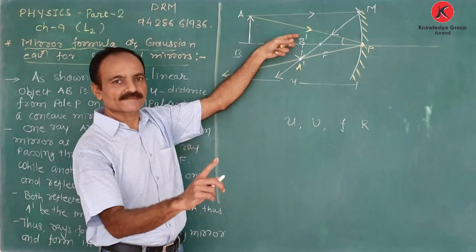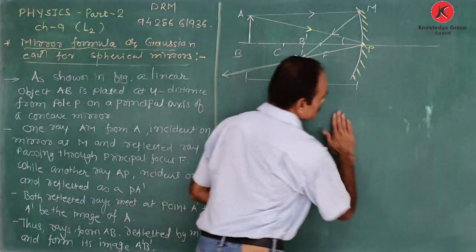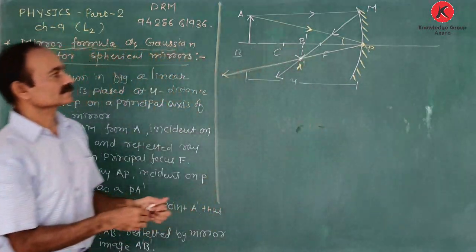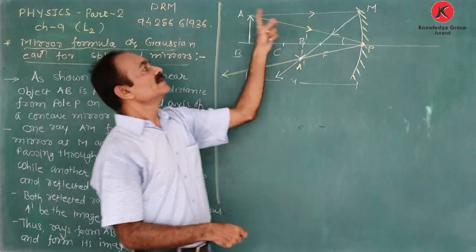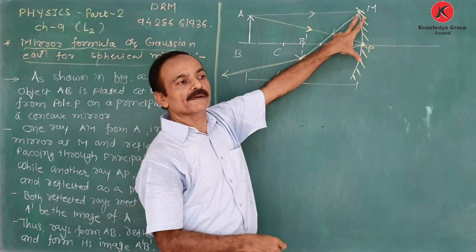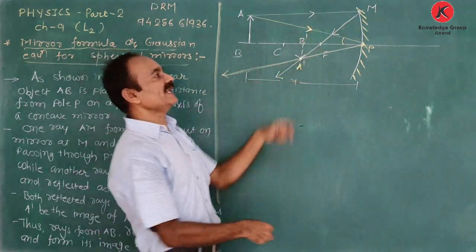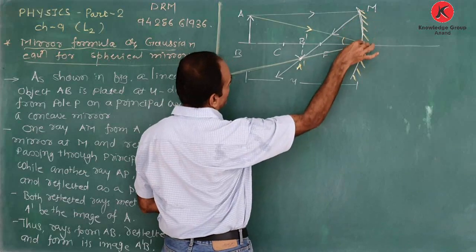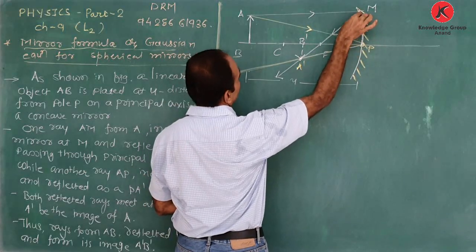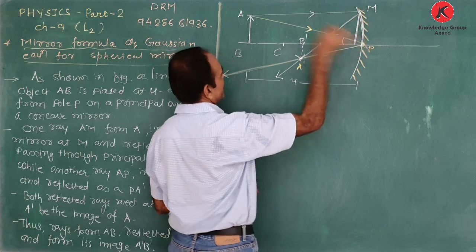Clear this thing? Okay. Now, here the incident rays are axial, and also the aperture of the mirror is very small. For that purpose, we can consider this MPM as only a straight line.